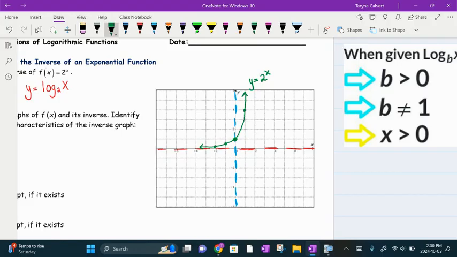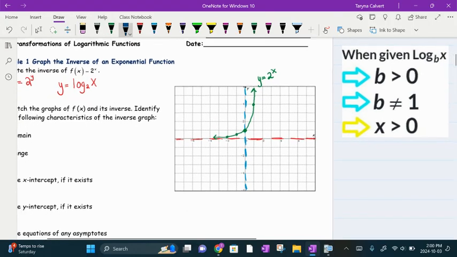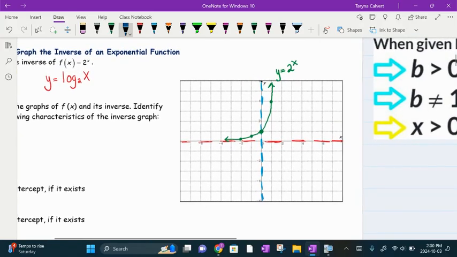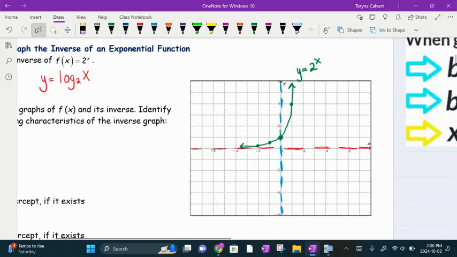All right, so now let's do our next one. Can I put -1 in for x for my log graph? No. So remember, these are my restrictions, okay?